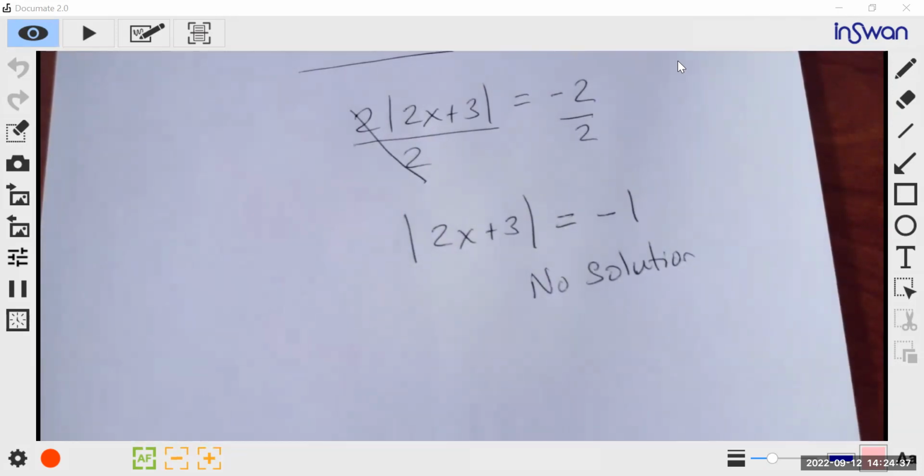All right, so that's what we have for equal signs. You will always have two values to look at whenever you deal with absolute values. That's with equal signs.